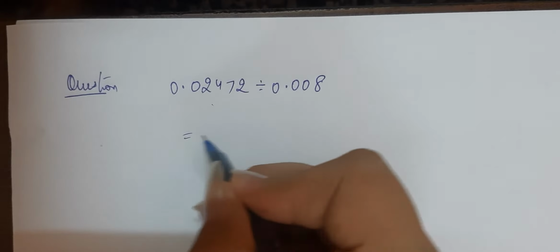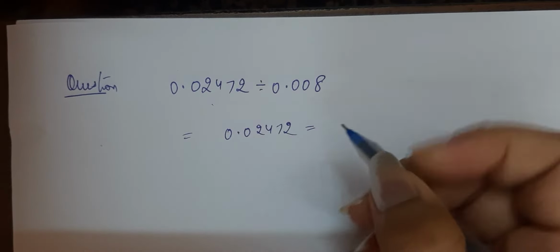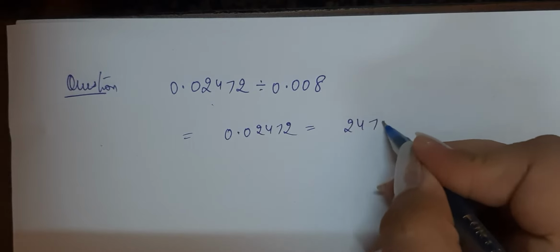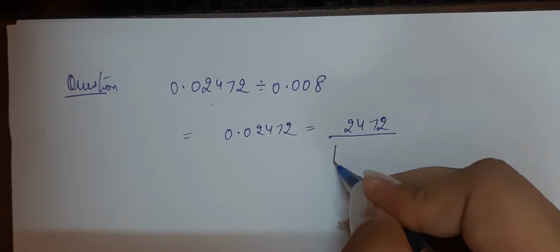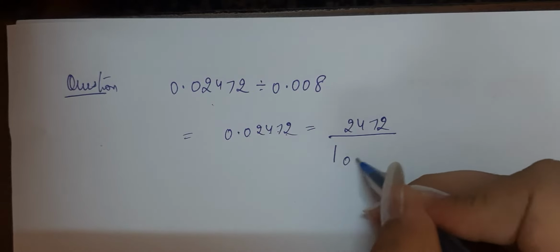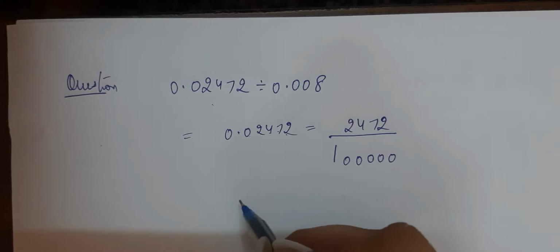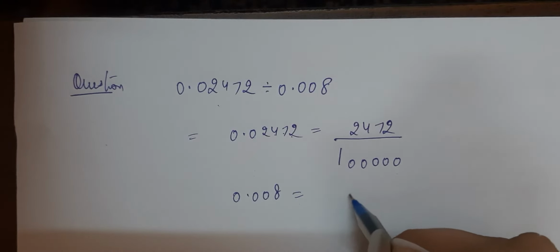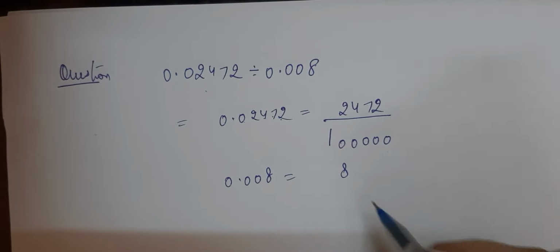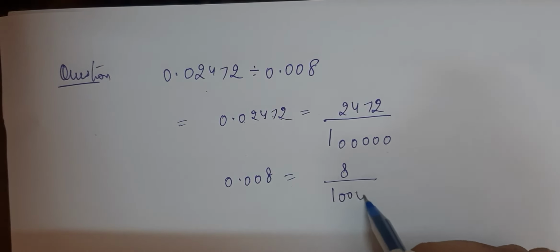I can write 0.02472 as 2472 upon 1 followed by 5 zeros, and 0.008 can be written as 8 upon 1 followed by 3 zeros.